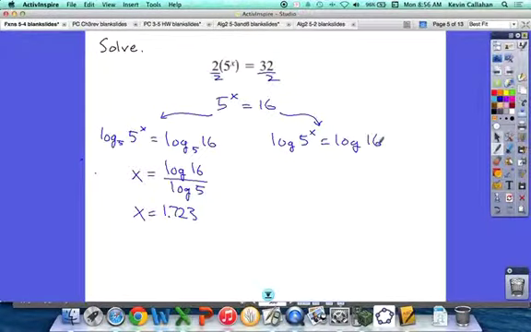Now use the power property to get that x out of the exponent and down to the level where you can solve for it. What will that look like if I use the power property? X log 5 equals log 16. And then solve for x by dividing by the log of 5.